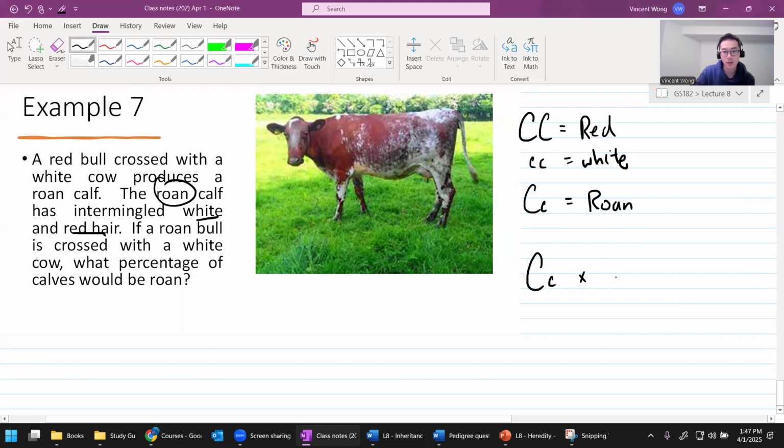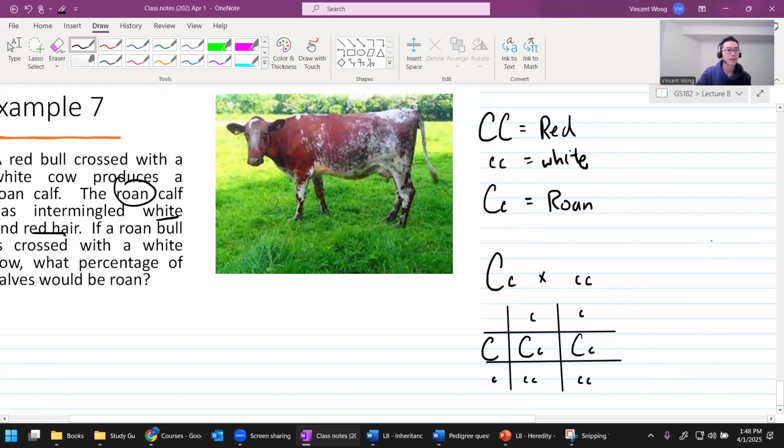So that's big C small c crossed with a white cow. And we're going to go ahead and do it. So it's big C, small c, small c, small c, big C, small c, small c, small c. Just like a regular Punnett square. And so it's not difficult to see. This is 50% roan, big C, small c, and 50% white, small c, small c.